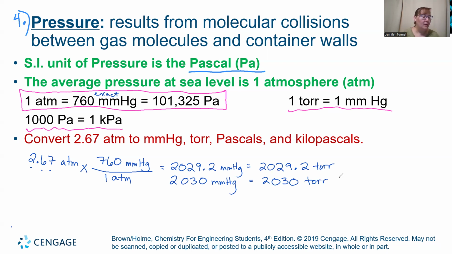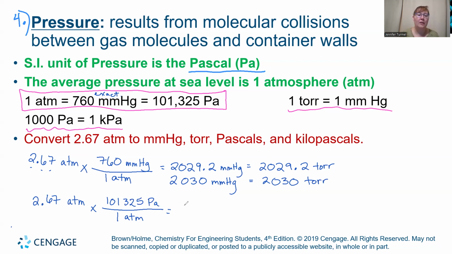Now let's go ahead and find this value for pascals and kilopascals. So we start again with our 2.67 atmospheres. And every atmosphere contains 101,325 pascals.